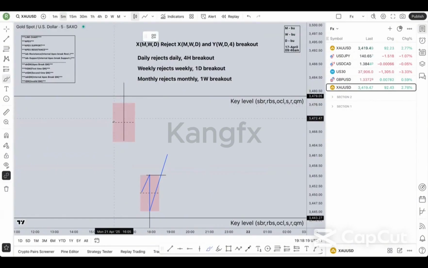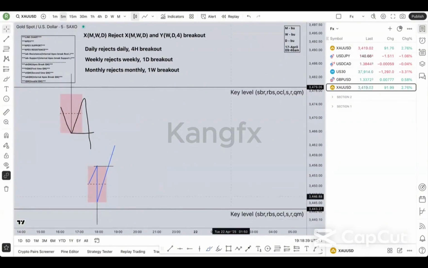And also note that the low that did the breakout must be formed before the market does the rejection. Because sometimes you'll be seeing something like this.